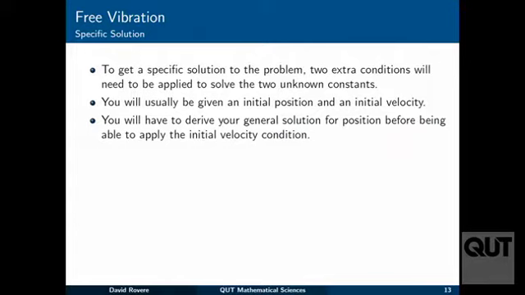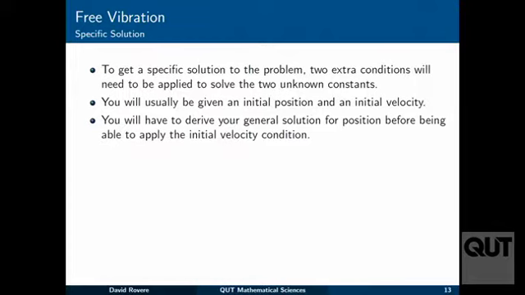Now, so far what we've looked at is getting the general solution to these vibration problems, which means we're getting the solution without having any initial conditions, meaning there are still unknowns in our solutions. We had C1s and C2s as unknowns, or A and phi as unknowns. Typically what you want to solve is the specific solution to a vibration problem.